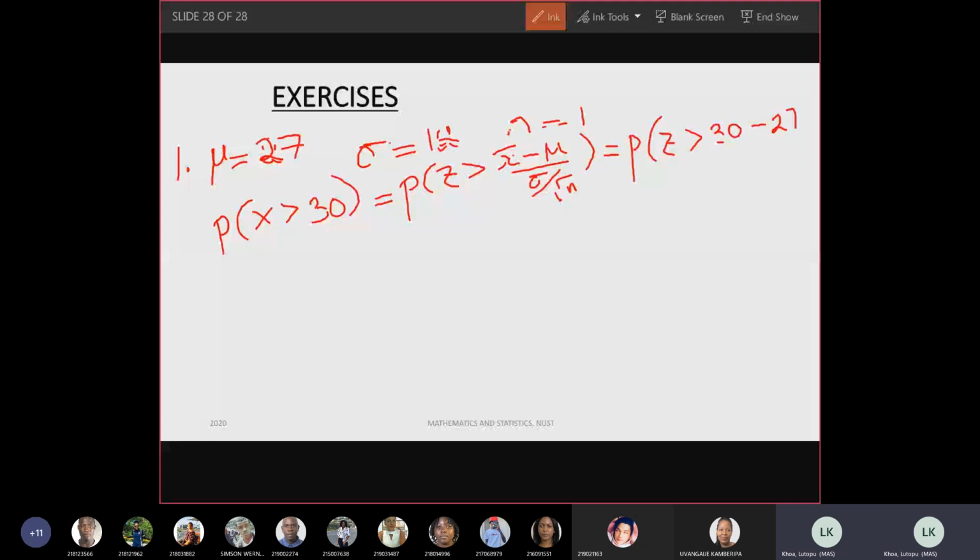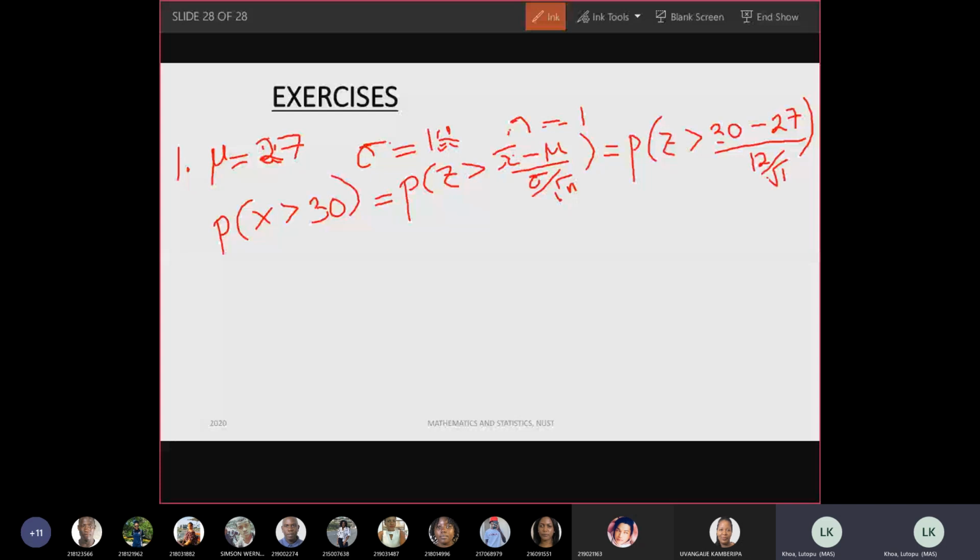And then we divide this by sigma. Our sigma is 12 and n is 1, so the square root of 1 is just 1, so I don't even need to write it. You can show it if you want to, but it doesn't make any difference because when you divide by 1, it doesn't change anything.